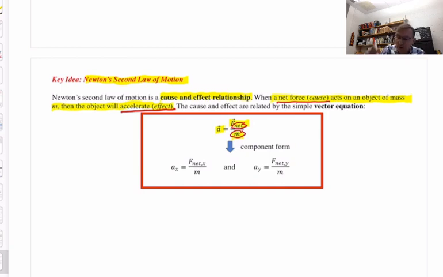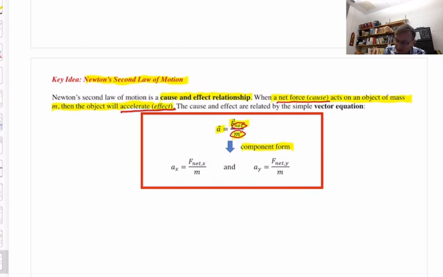Now, the way we're going to use this statement of Newton's second law in solving problems is by writing it in component form, because it's an equation with vectors. So everything has to be done by components. And I can't emphasize that too strongly, how important it is to deal by components with Newton's second law.